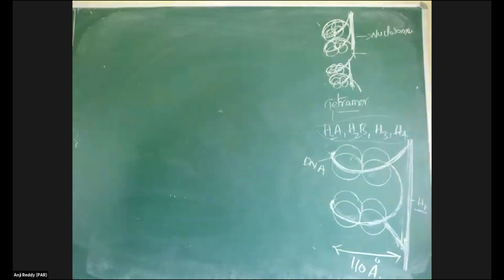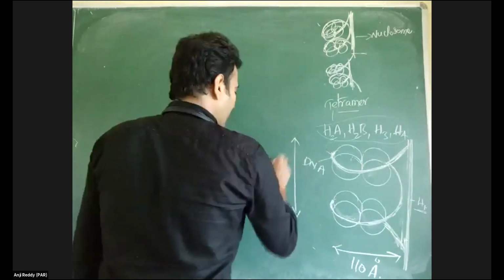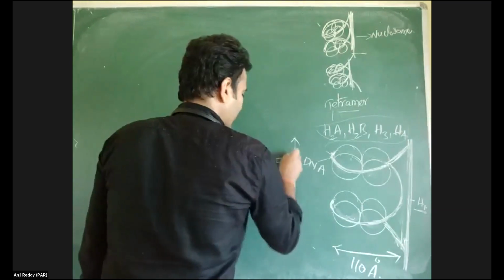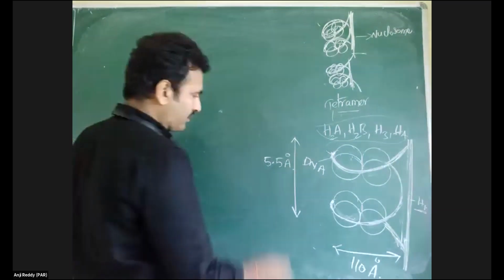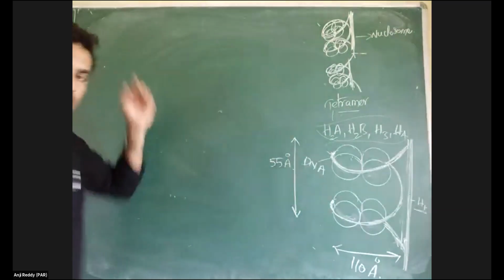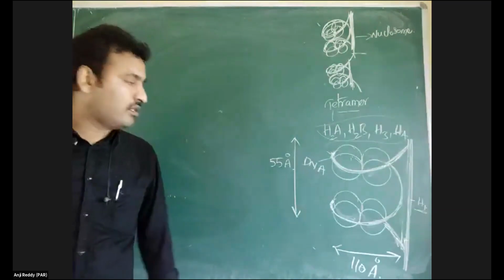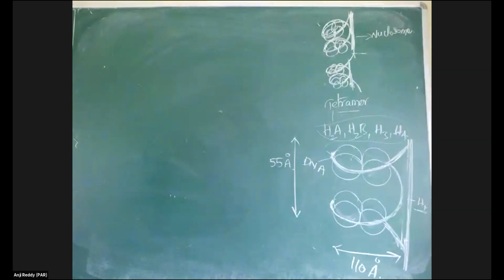The length of one nucleosome is 55 angstroms, and the diameter or width of one nucleosome is 110 angstroms.